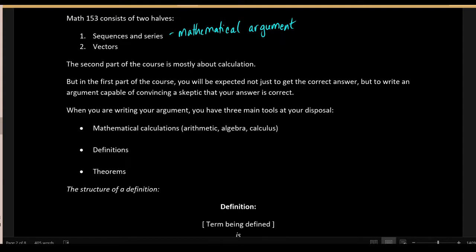The second half goes more into the typical mathematical process of calculating results, calculating numbers and answers. And this is going to be really important if you're planning to take, for example, Calculus 4, Math 254.